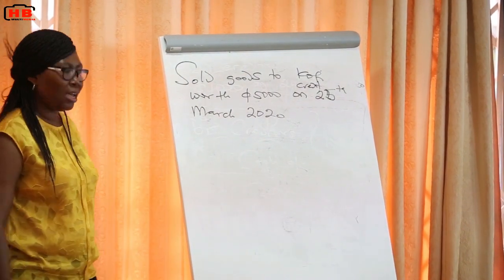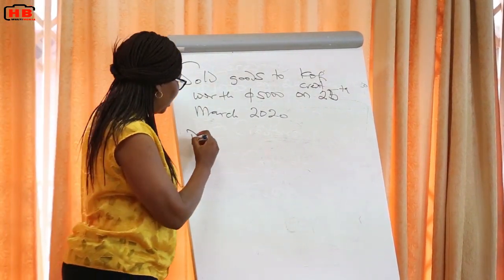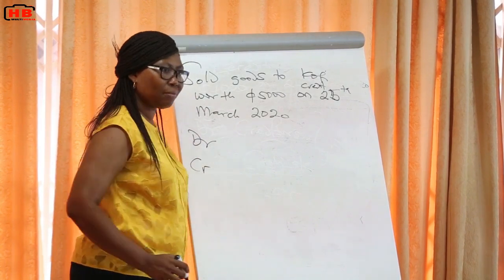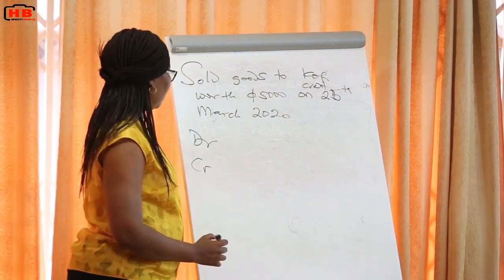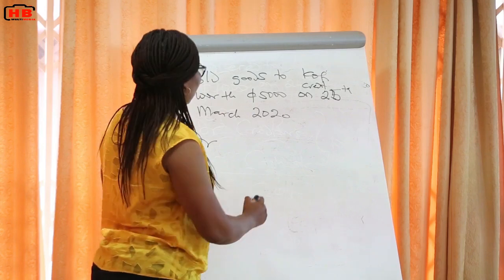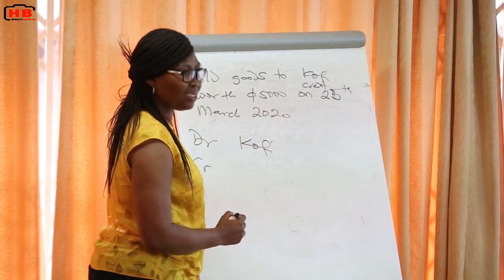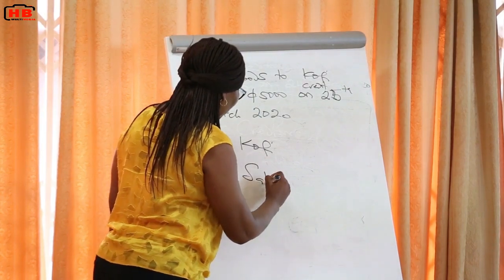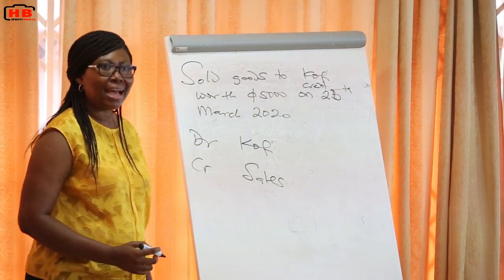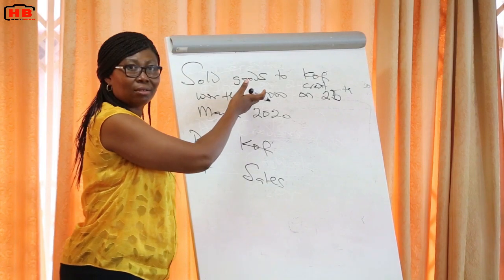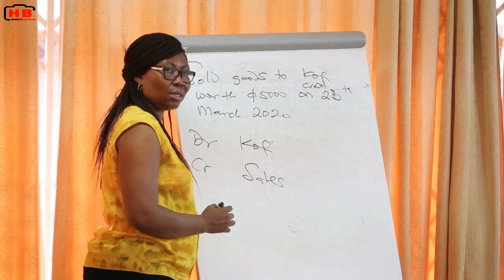Ordinarily, what will be our entries? What are we debiting and what are we crediting? We will debit Kofi and then credit the sales account, worth how much? 5,000. Yes.